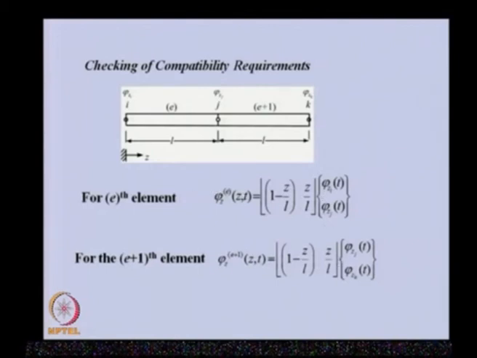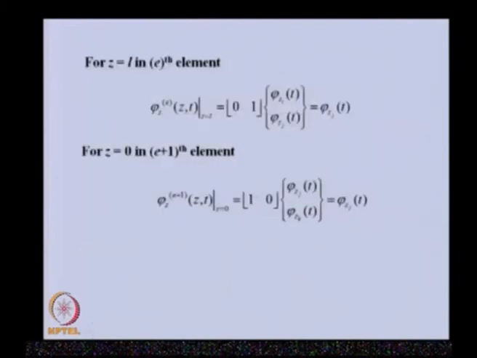So, from the first we can predict the angular displacement in the E element, and from the second we can predict it for the E plus 1th element. But at the common node we can predict from this element also and from this element also, and we need to see whether this prediction is the same or not. So, let us see for the Eth element, if we substitute Z is equal to L, which corresponds to the jth node.